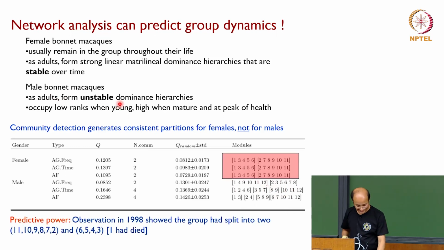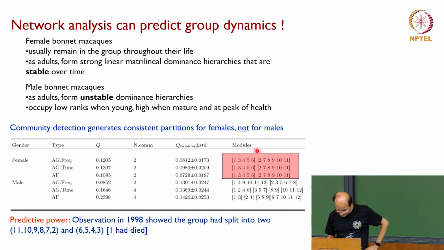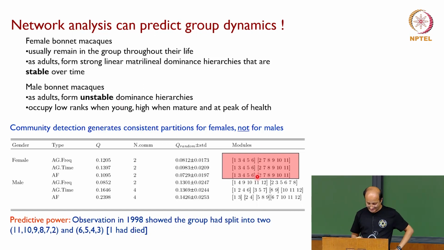But something more interesting. When we noticed this, we realized that there is a consistent, modular partitioning of this network, and maybe only a few connections are holding it together.